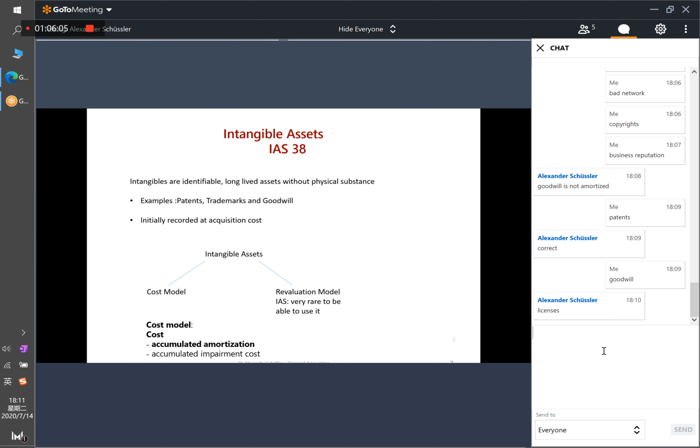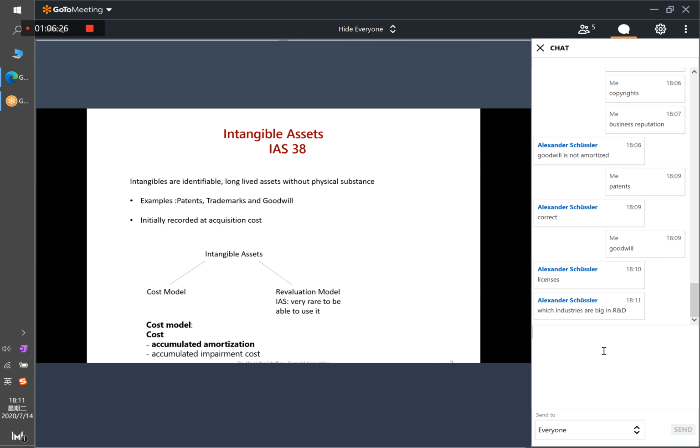Which industries do you think are especially reliant on intangible assets? Industries that are big in R&D, for example.